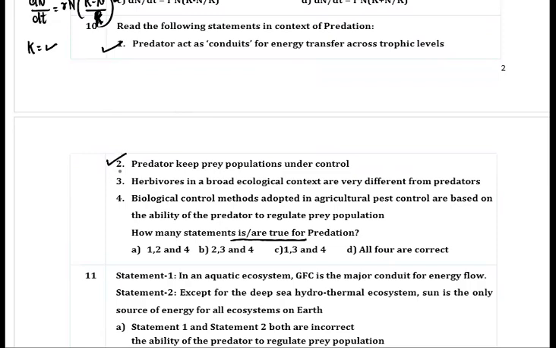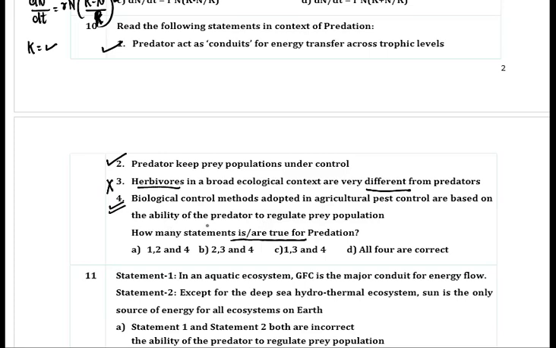This is also true. Herbivores in a broad ecological context are very different from predators. This is wrong. They are not different, they are similar to predators, because herbivores are also predators. The fourth one is biological control methods adopted in agricultural pest control are based on the ability of predators to regulate prey populations. That is true.